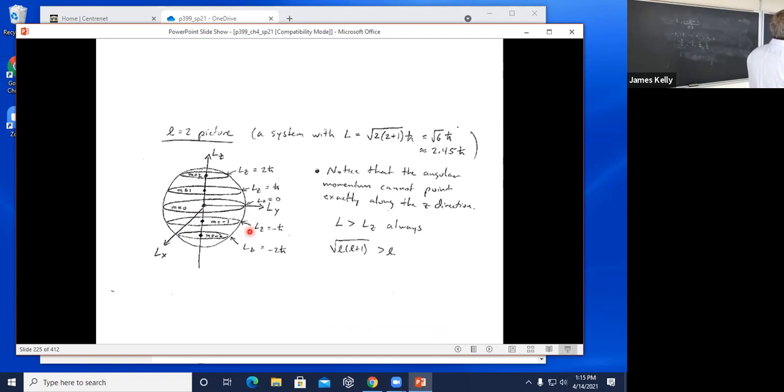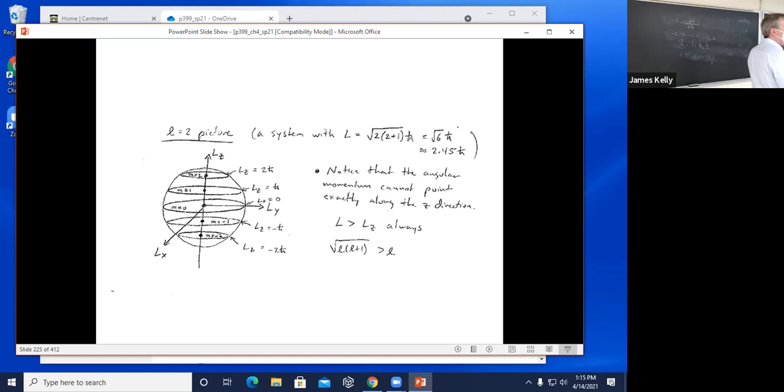And in any of those cases, the value of Lz is going to be less in magnitude than L. So we're never going to know L exactly. We're never going to be able to align L, the total angular momentum vector, with the Lz direction, because if we did, if L were exactly aligned with Lz, in other words, if Lz equaled the magnitude of L, then we would know that both Lx and Ly had to be 0.